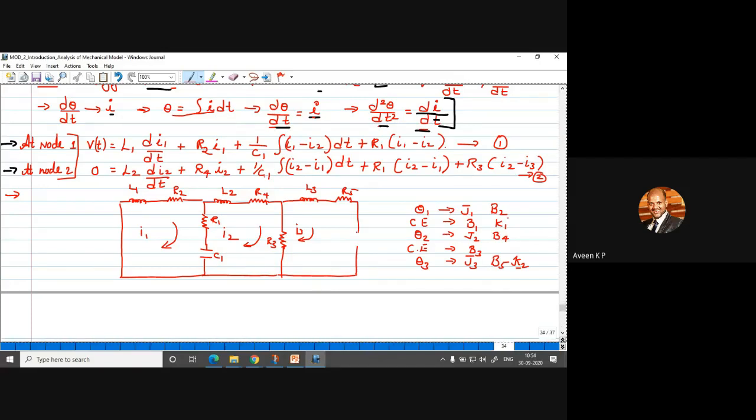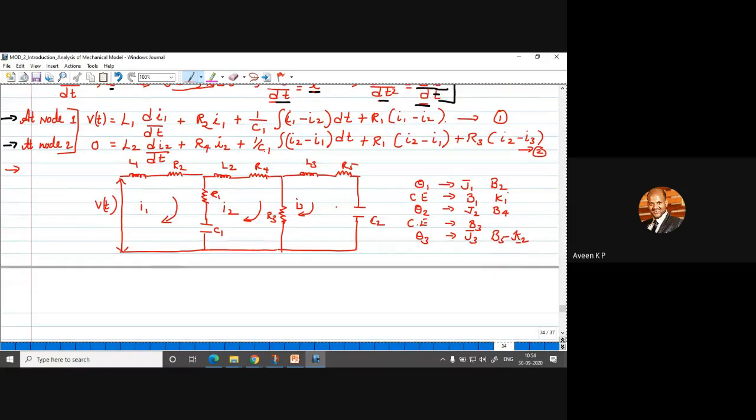It will not be in parallel. In case you have doubt, you can just extend this and represent it, or else you can represent here C2. So this will not act as a parallel, it will be in series. Now what we do is we will measure here V of t. So this will be your electrical network in terms of torque voltage. So the same we shall consider.